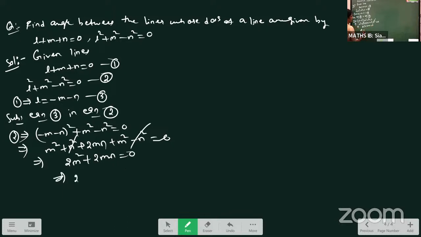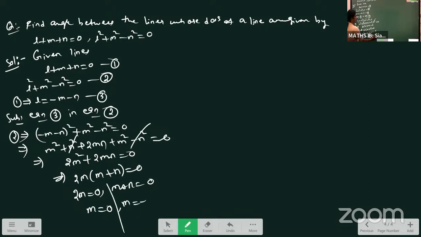Common 2m, so left out m plus n is equal to 0. Generally, if we take common, we would send it to the right side. Here l, m, n are direction cosines, which never go to 0. So you have to treat 2m is equal to 0 and m plus n is equal to 0. So from here, one value of m is 0 and from here, another value of m is minus n.